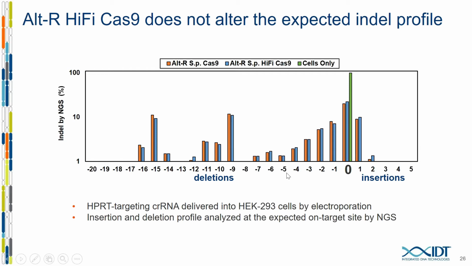And the same is true for all the deletions that occur at this site. And taking it in the aggregate, looking at a lot of different sites, we can conclusively say that the HiFi mutant gives basically the same repair profile as wild type, and you can use it without fear that we're going to alter your repair profile.